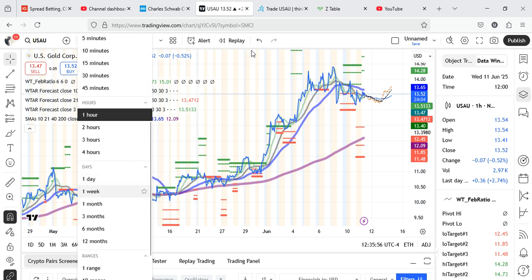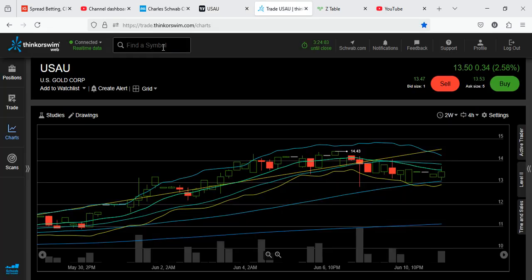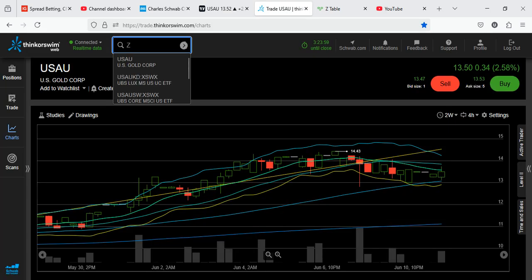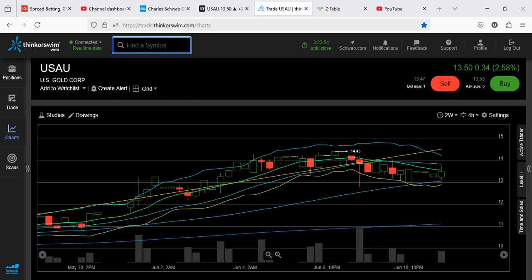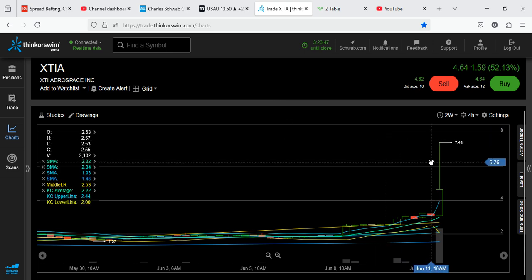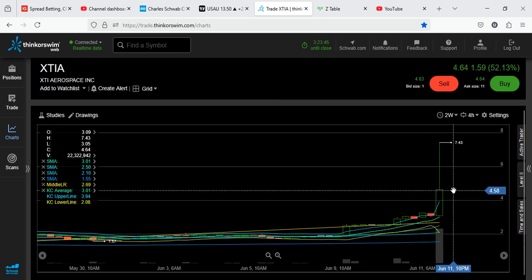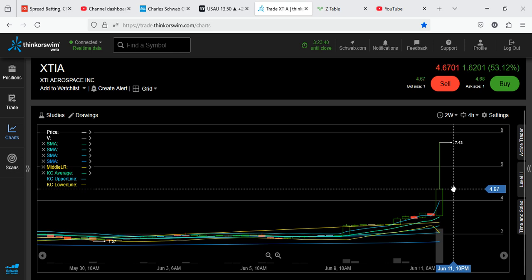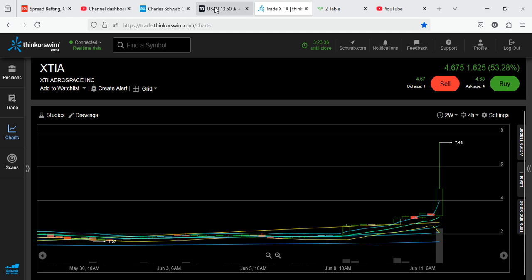Let's have a look at the next stock, which is XTIA. XTIA is up 50.88%, intraday high $7.43. It is trading right outside of its price channel.